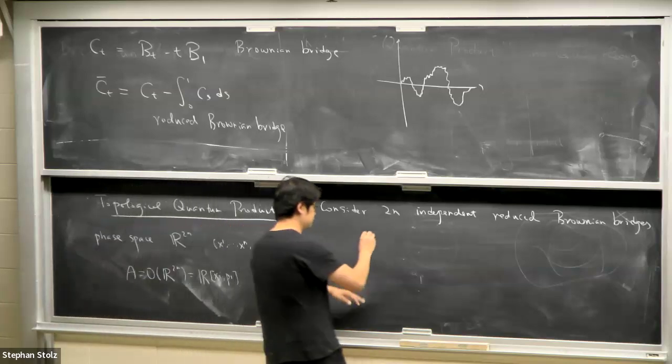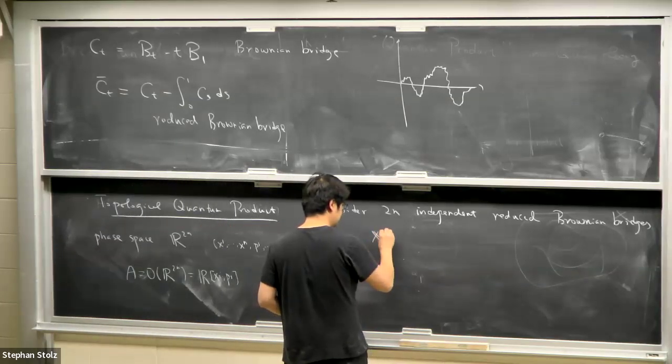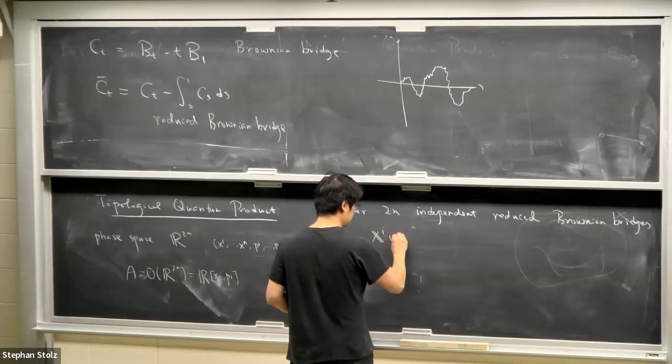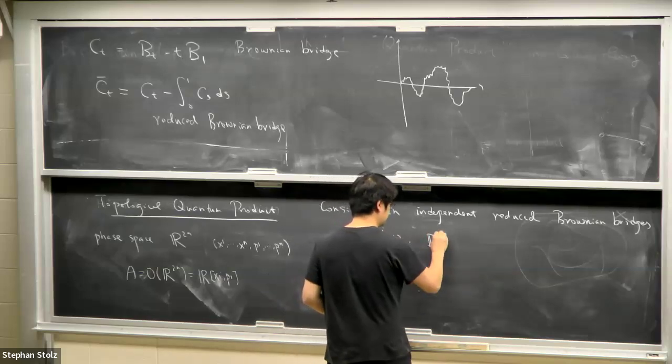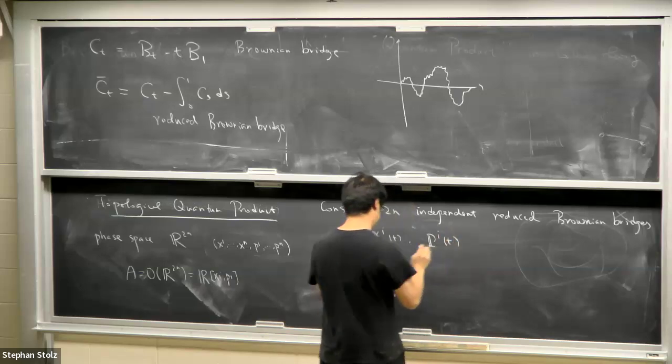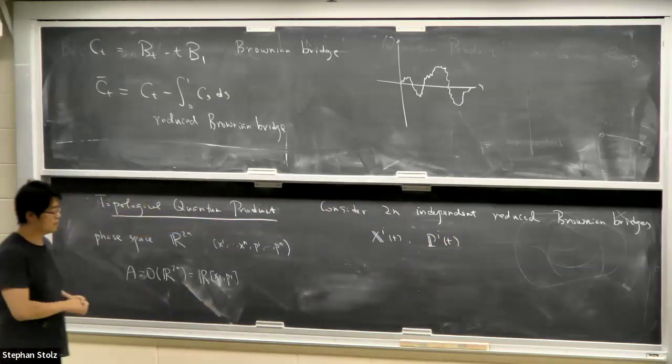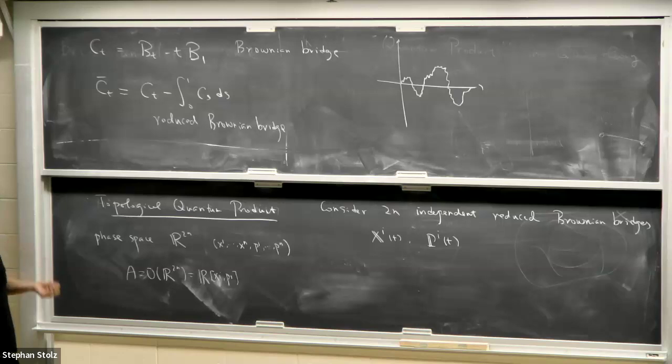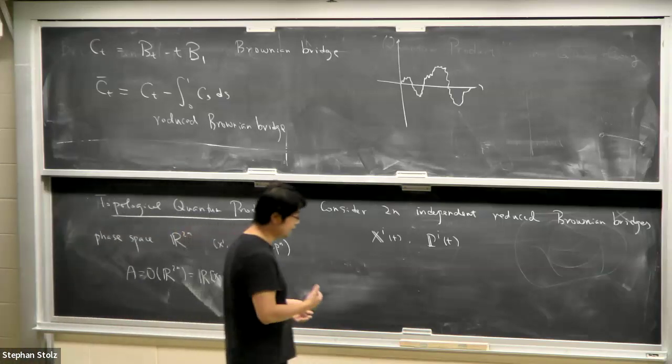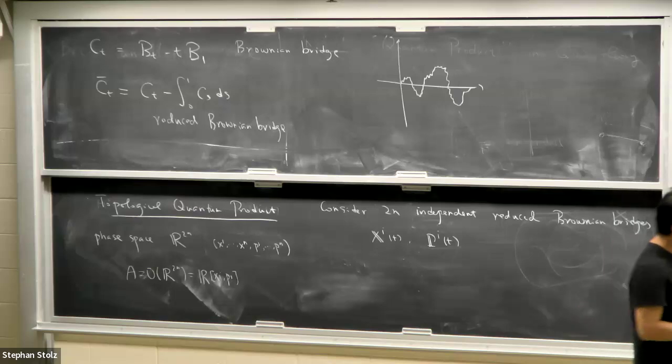Let's call these x1(t), ..., p1(t), and make it random. Then we try to write down this correlation function in the following way.